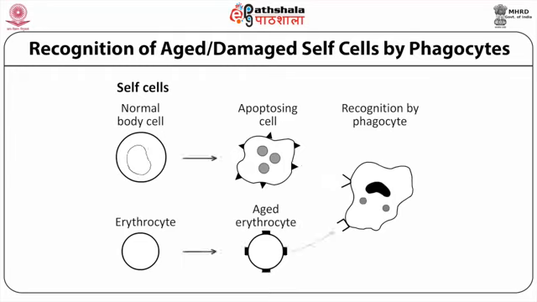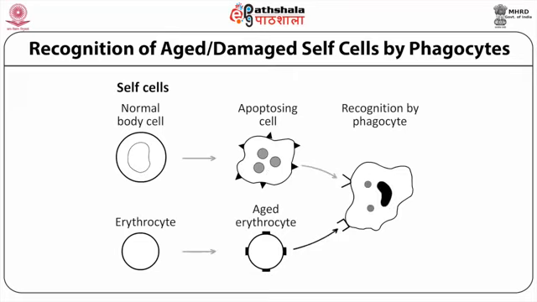In fact, this feature also is a part of how old erythrocytes and other dead cells are recognized by phagocytes. The old erythrocytes shed away sialic acid, exposing N-acetylglucosamine. This is recognized by PRR and phagocytosis commences.